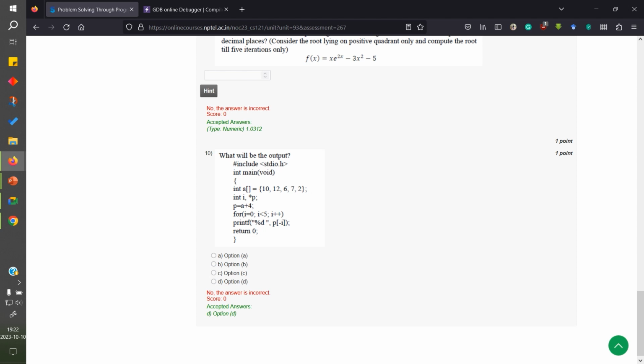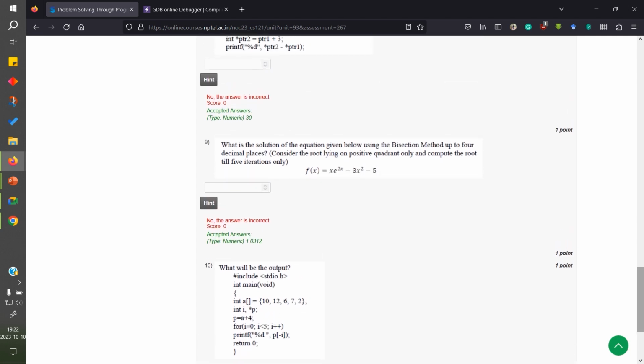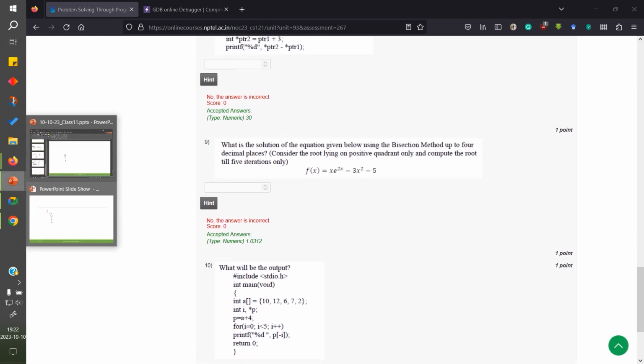I think they will recognize this and they will give you points for it, so don't worry about it. There will be some kind of notice soon that there has been a grace point for this. So this is just a problem with the options, not with the question itself. Okay, fine. So were you able to solve this question?